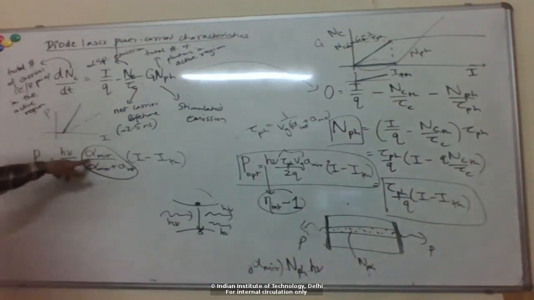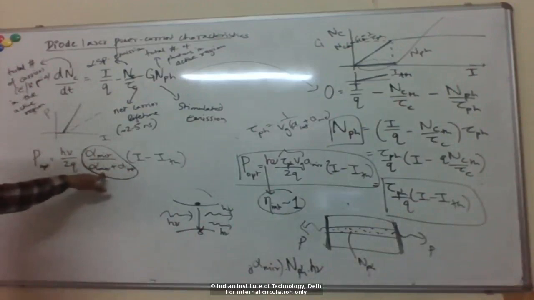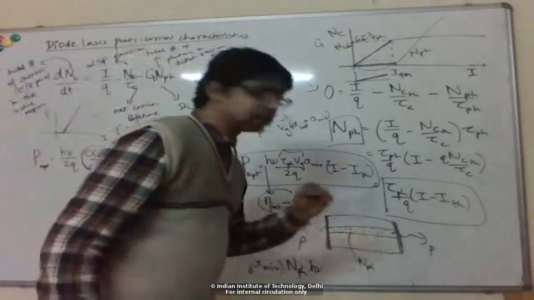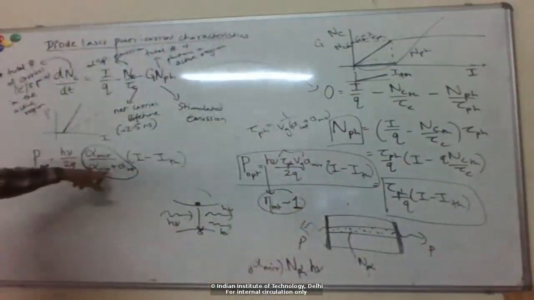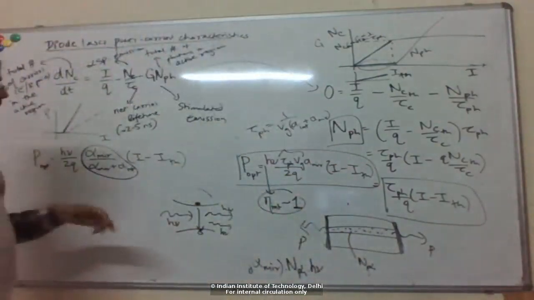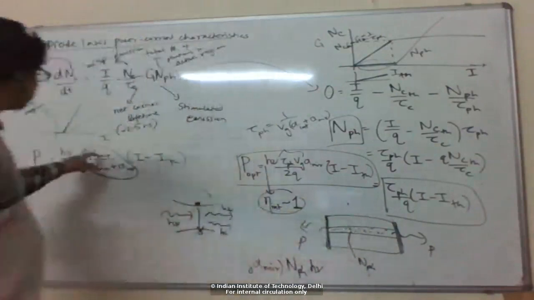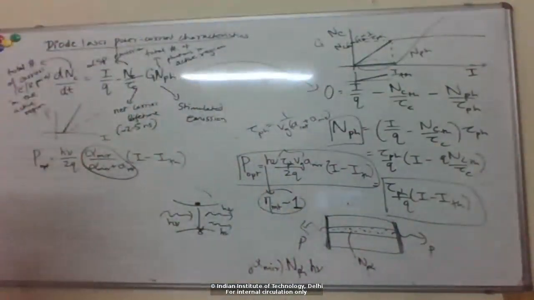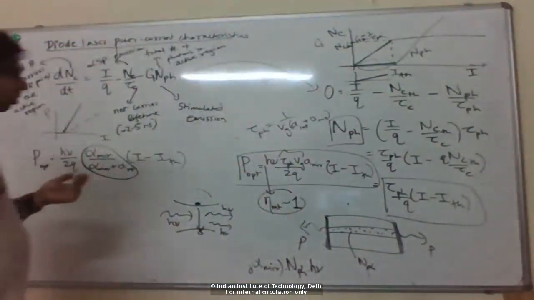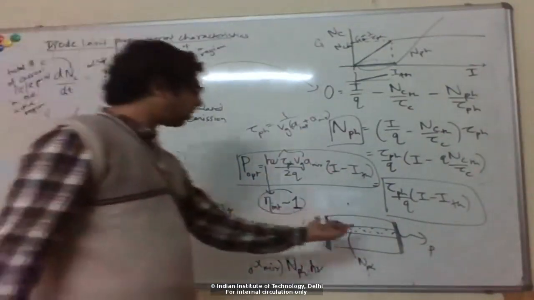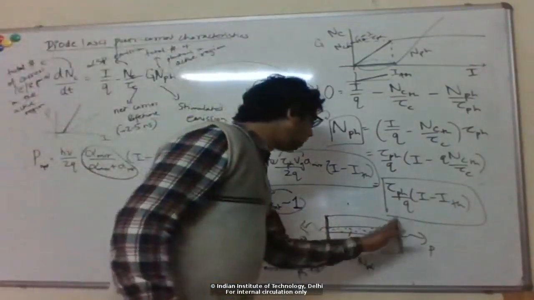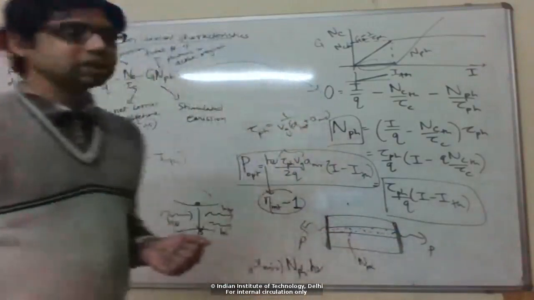So the best case scenario is if the internal loss is much smaller than the mirror loss. Basically my total loss is just being decided by the mirrors. There is no loss internally. That's the best case scenario, and as soon as I have some internal losses, that makes this worse. So the best case is a perfect cavity where only the mirrors are acting as losses.